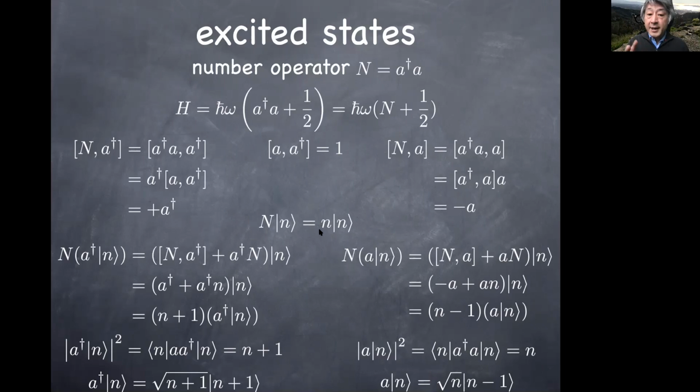But to be consistent with the semi-definiteness of this number operator n, we now learned that the eigenvalue has to be a positive integer or 0. It cannot be a negative integer. So this is the way we learn that the eigenvalue of the number operator n is a non-negative integer.